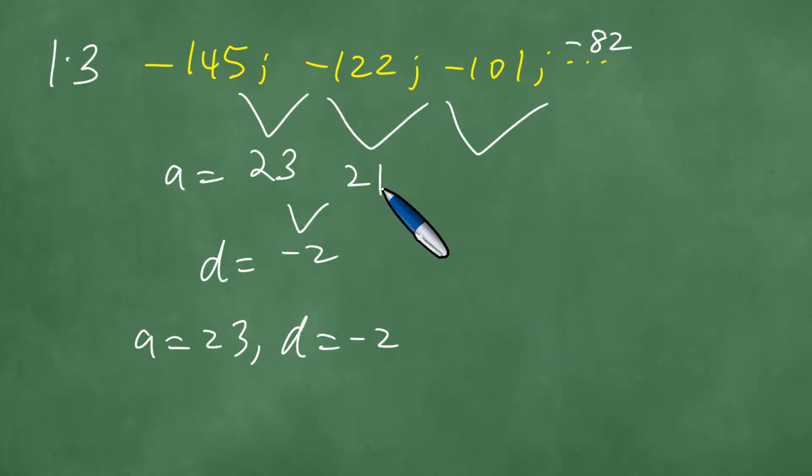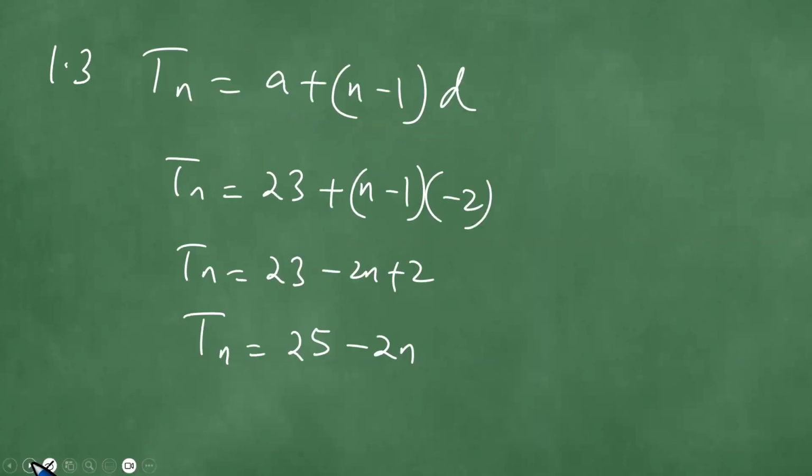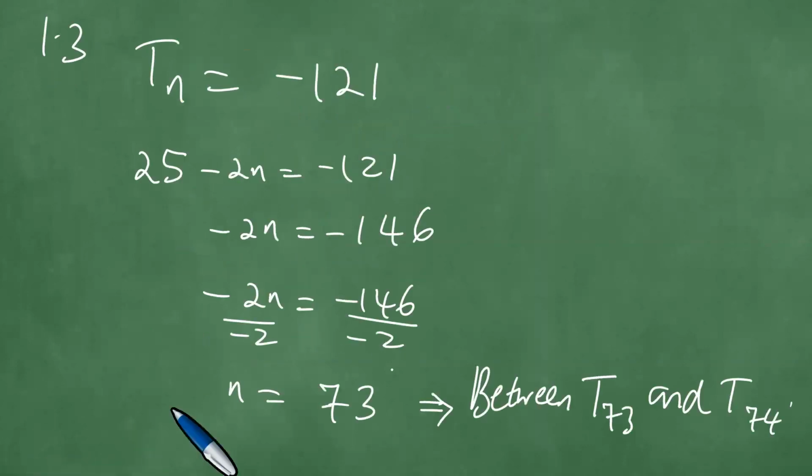This 21 is term number 2, so it is the difference between term number 2 and term number 3. So in the same way, when you're getting 73, it means between T73 and T74. Next question.